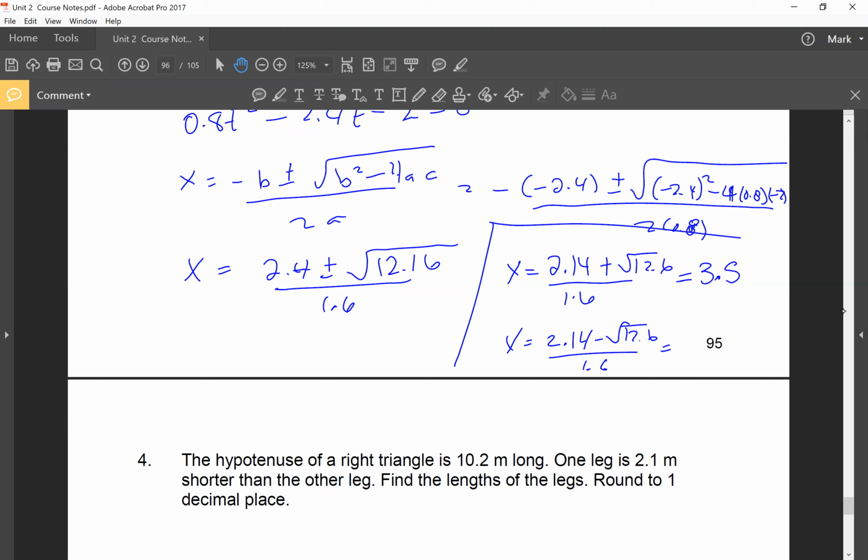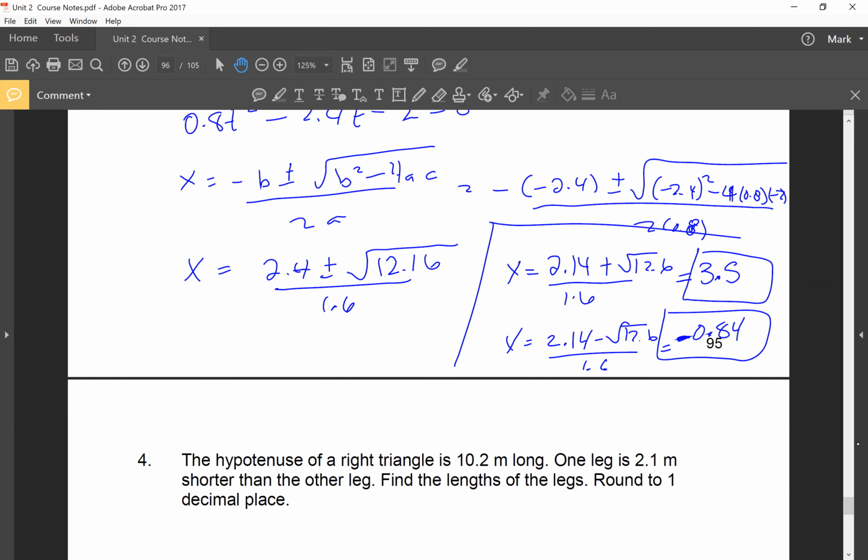So 2.4 minus root 12.16 over 1.6, and I get a negative 0.84. So these are both my answers. The answer for this question will be 3.5.